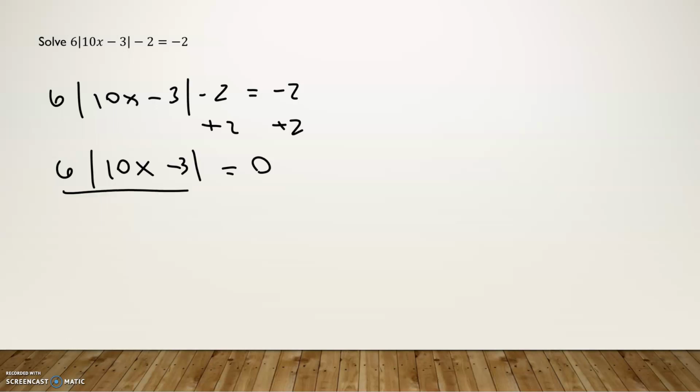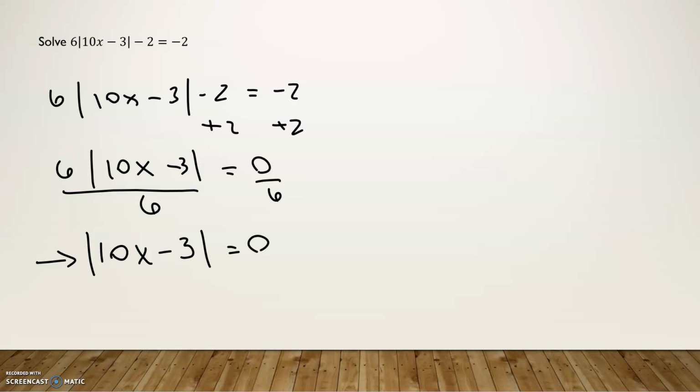Now I should have waited until I did this right here. Now when your absolute value is isolated and is equal to 0, we should have said at this point, hey, it's equal to 0, I should have one answer.